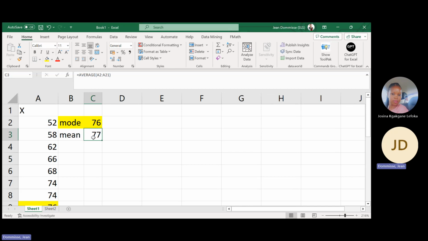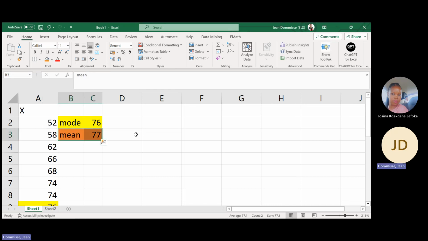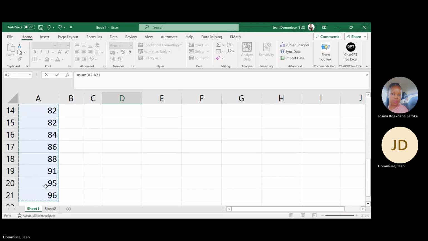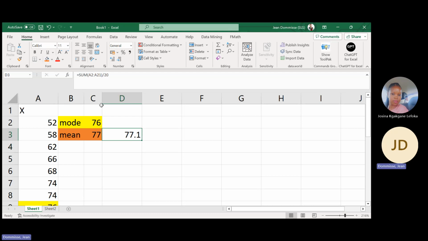Okay, so we can already see the mean is a bit higher. So just to show you, if we did it with a formula, we could have said the sum of all the numbers divided by how many there were. There was 20, and we will also get the same.